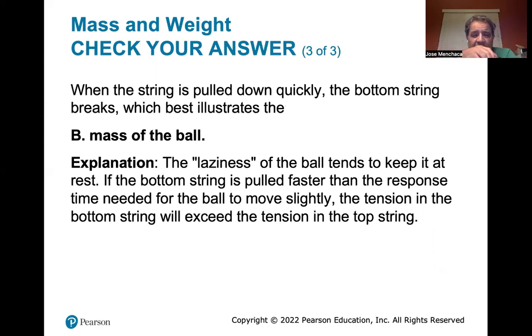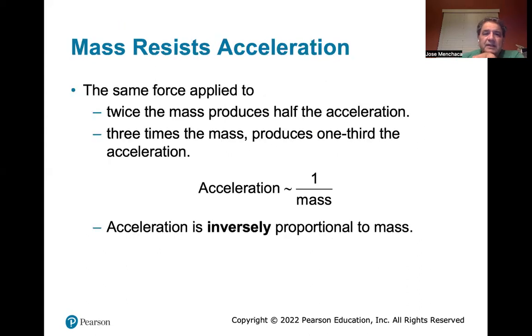Let's see if I got that right. The laziness of the ball, that's another way of saying the inertia of the ball, tends to keep it at rest. If the bottom string is pulled faster than the response time needed for the ball to move slightly, the tension in the bottom string will exceed the tension in the top string. Okay, let's see.